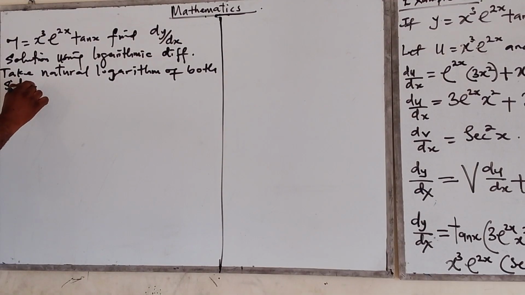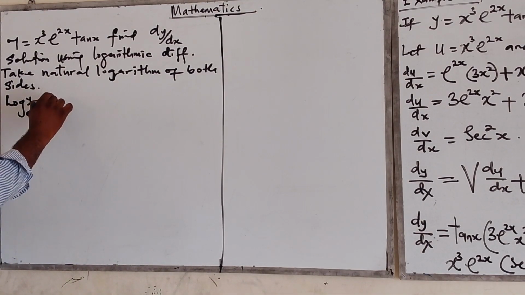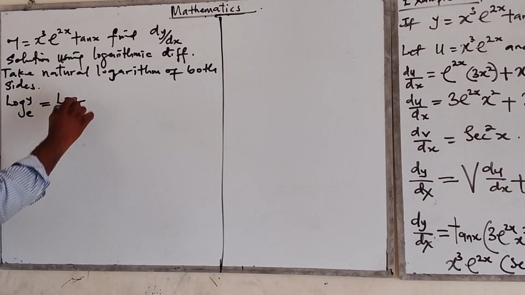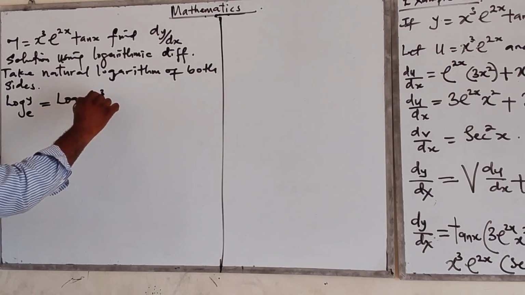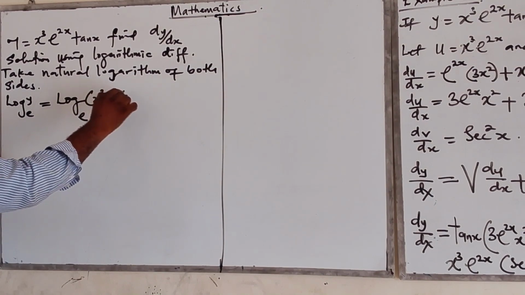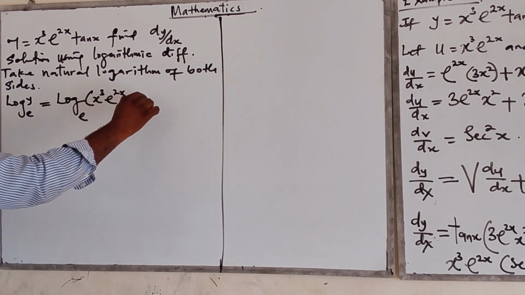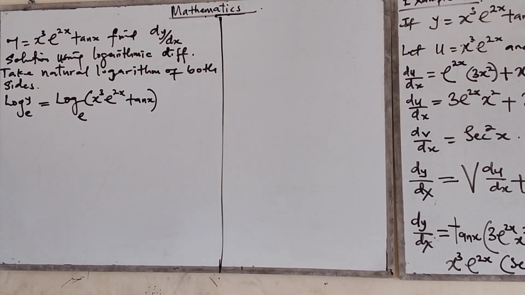Yes, natural logarithm of both sides. Now, it means here we have log y base e is equal to log to base e of x raised to the power of 3, e power 2x, times tan x.